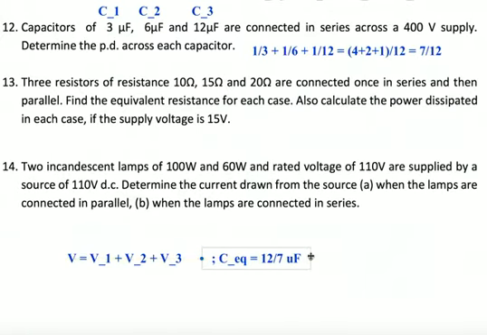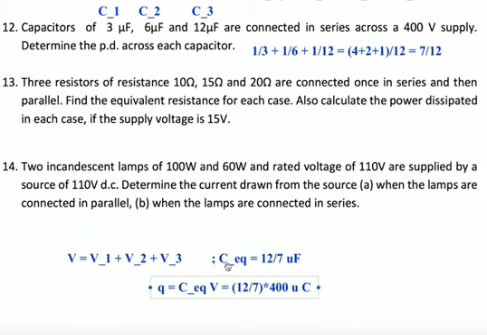So what is Q then? Q is nothing but CV. Q equals C equivalent into V, where V is the total supply voltage. So 12 by 7 into 400 microcoulomb.